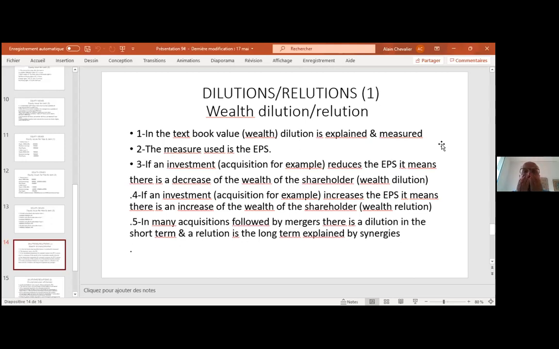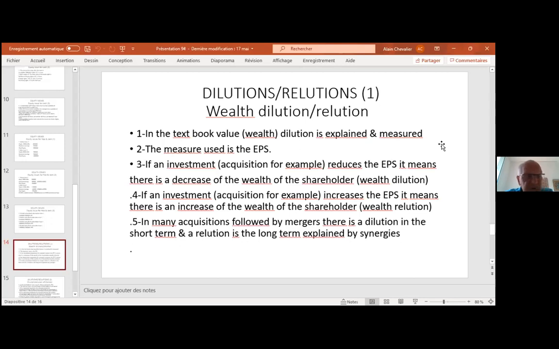In fact, when you have a look at what has happened in many cases using empirical analysis, you understand that in many acquisitions followed by mergers, there is first a dilution. It means a decrease in the earnings per share because we have costs of transaction and financial costs.